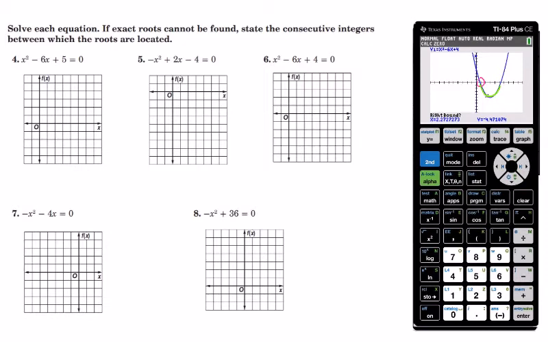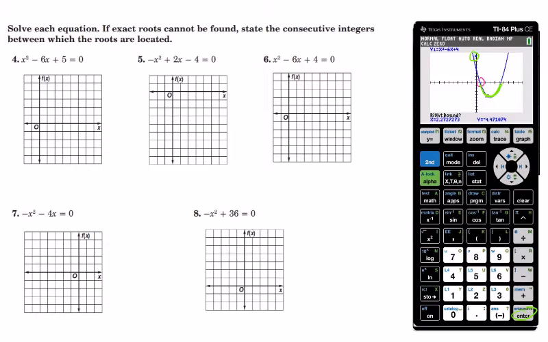Okay, so you want to be to the right of what you're trying to find, but you don't want to go past another zero, because then your calculator will be confused. And by the way, you can see this little arrow here, and after you push your left bound, it'll have an arrow pointing from left to right. And then now I'm going to get my cursor anywhere here. I'm going to press enter.